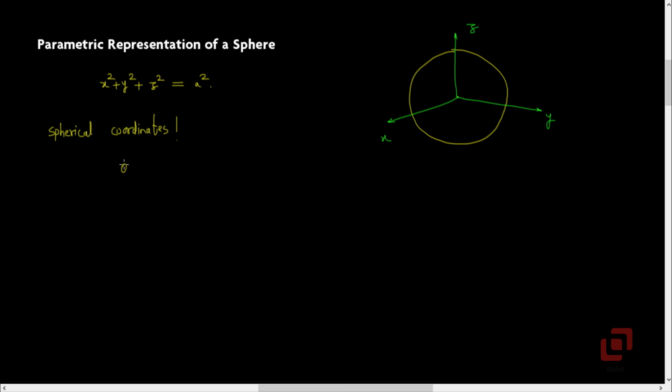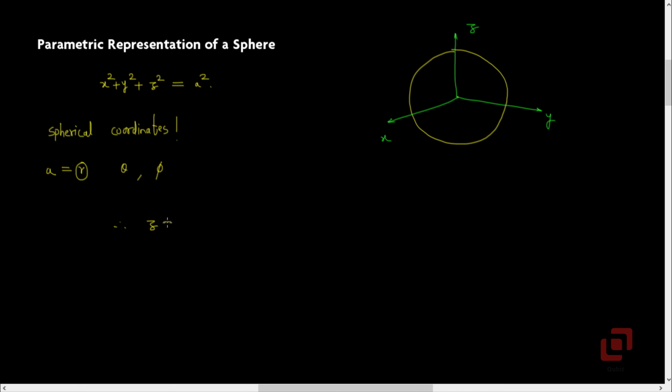We let the angles theta and phi be the parameters. In the context of spherical coordinates, we have another parameter called r. But as for the sphere under discussion, r is a constant, so the spherical coordinates will reduce themselves to a parametric representation of the sphere with the parameters theta and phi.